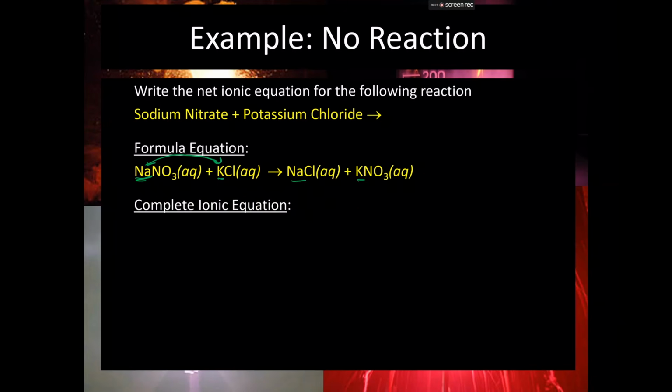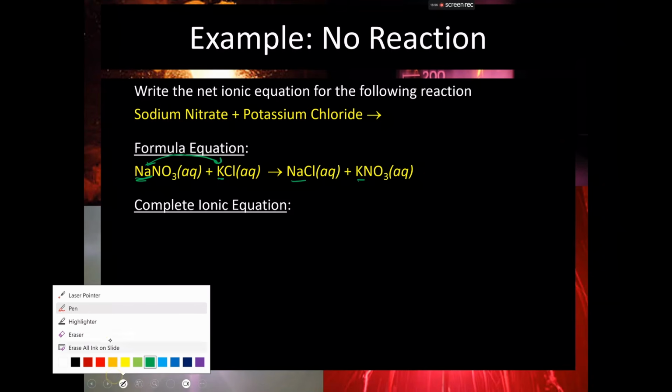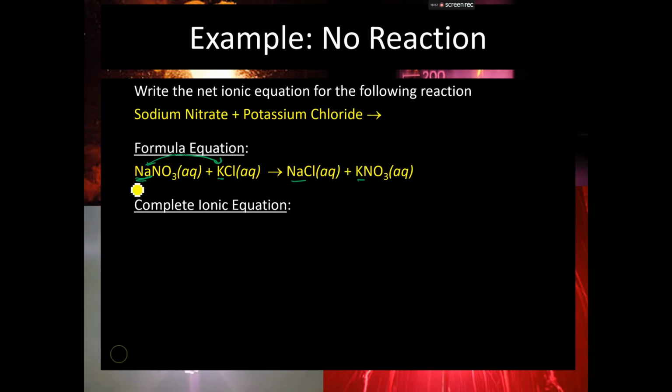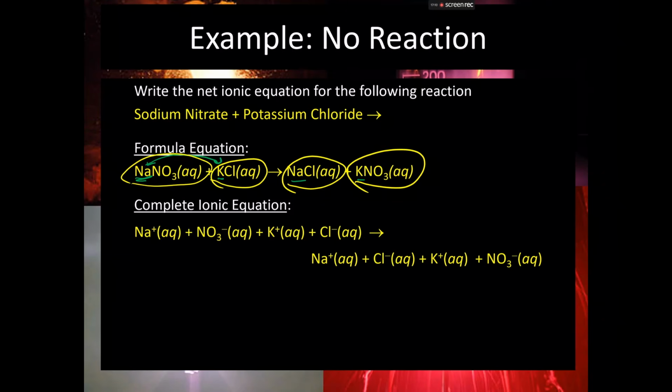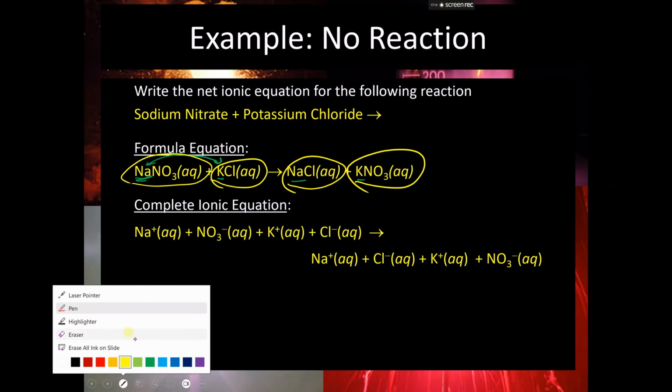Every single compound in this reaction is going to get split apart. The sodium nitrate is aqueous, the potassium chloride is aqueous, the sodium chloride is aqueous, and the potassium nitrate is aqueous. Meaning every single one of these compounds for the complete ionic equation is going to get split apart into its ions.